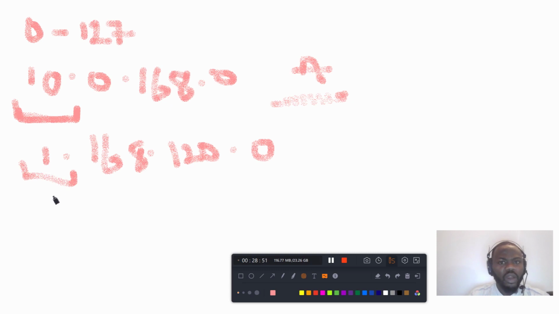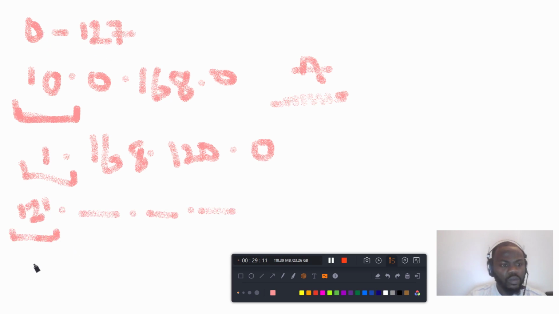If you are given another IP address, let's say 121 dot anything dot anything dot anything, you just need to check this one. Which range does it fall into? Yes, it falls between 0 to 127.